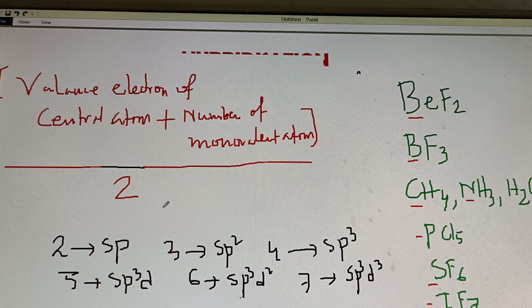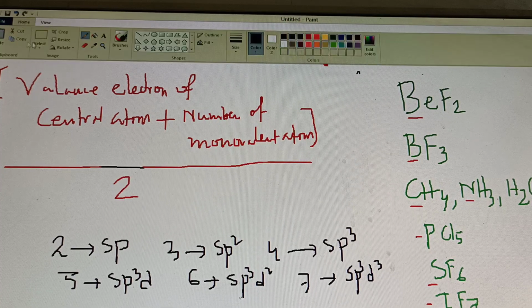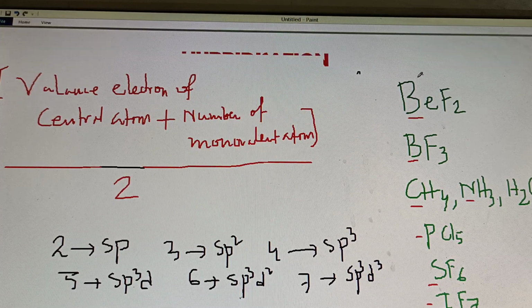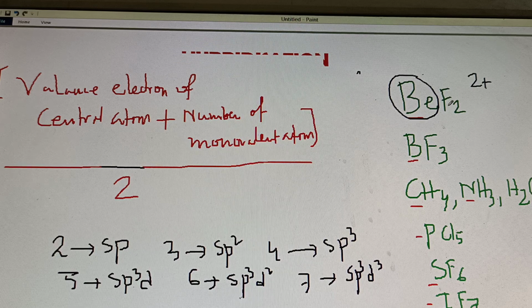Okay, we'll discuss it. So for beryllium fluoride, BeF2, what is the number of valence electrons? That is 2. What is the monovalent atom attached to the beryllium? 2. So 2 plus 2 equals 4, divided by 2, that is equal to 2. Clear?